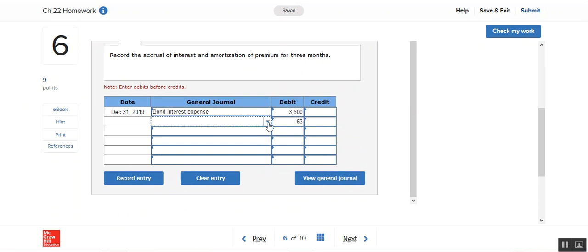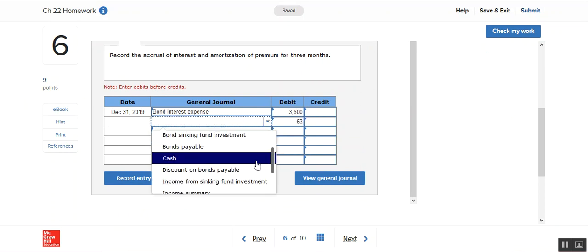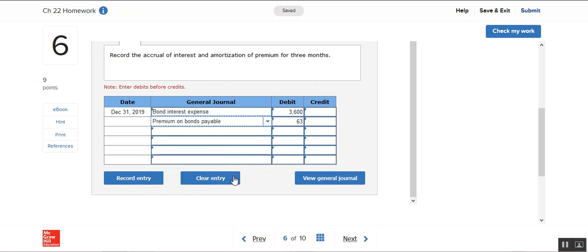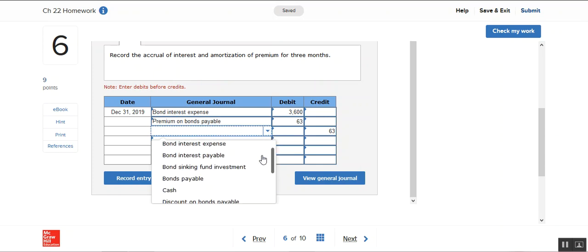If you remember, when we record premium on bonds payable, we credit it. So to amortize it, we're going to debit premium on bonds payable. Usually when we amortize premium on bonds payable, we record premium on bonds payable as a debit and interest expense as a credit. So that interest expense would be $63.